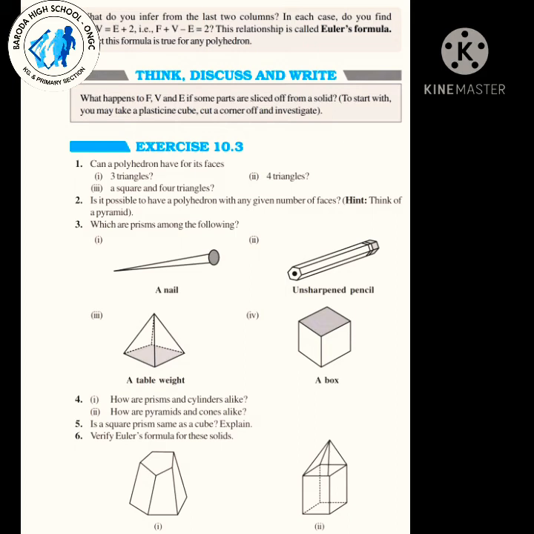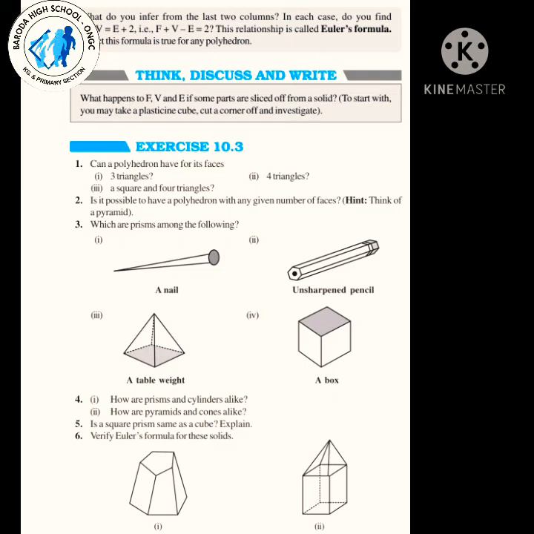Okay, moving towards question number 2. Is it possible to have a polyhedron with any number of faces? It is possible that the number of faces is 4 or greater than 4. Okay, minimum it should be 4.